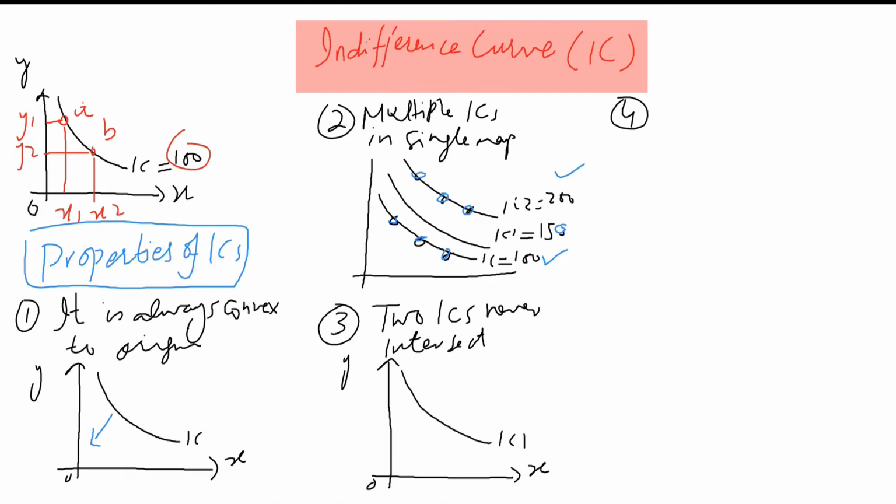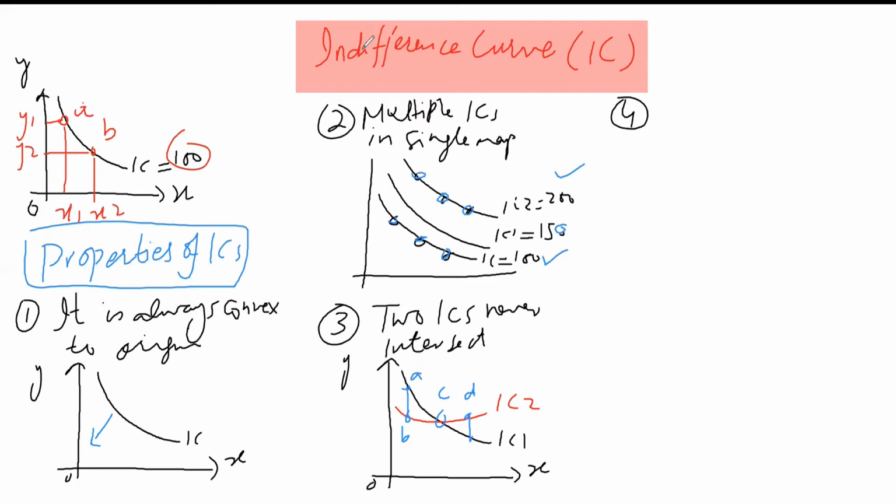The second property is that multiple ICs in a single map can be there, but a higher IC gives a higher level of satisfaction and a lower IC gives a lower level of satisfaction. As per figure 2, IC gives 100 units of satisfaction at each combination, IC1 gives 150 units of satisfaction, and IC2 gives 200 units of satisfaction to the consumer.